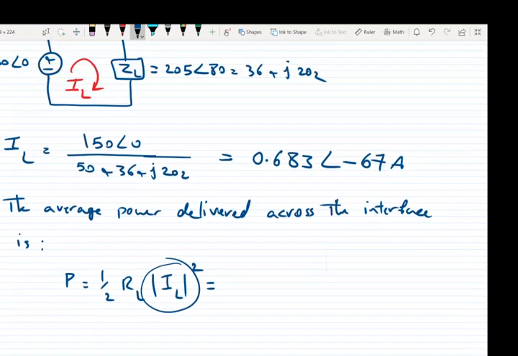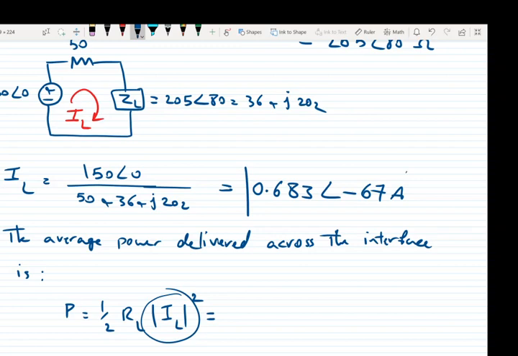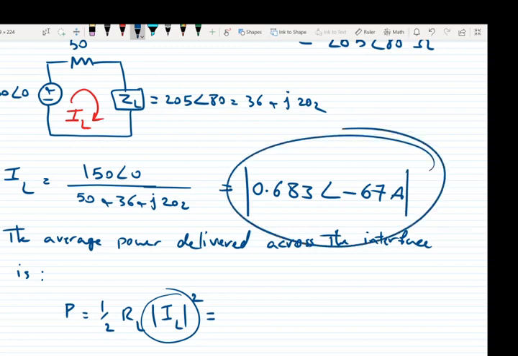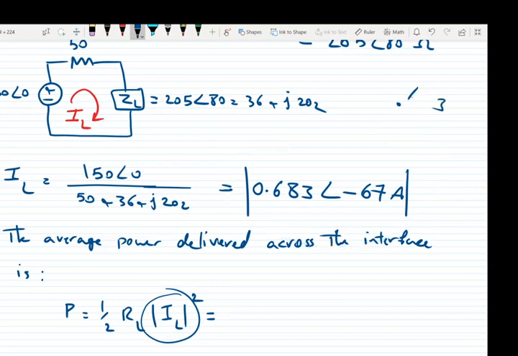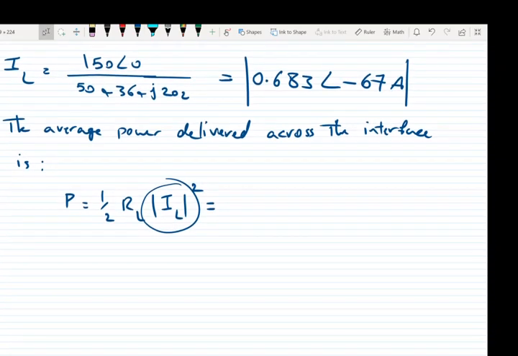So the absolute value of this current is equal to 0.683, because its absolute value includes only the amplitude, not the angle or the phase.